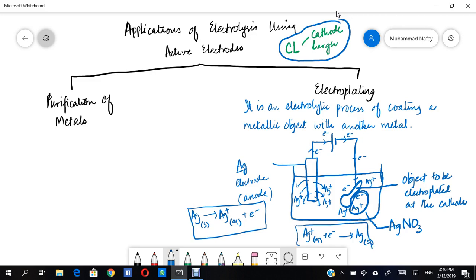Now there's a condition for electroplating. Since we want an even coat and we want the coating to adhere to the surface of the object, obviously we don't want it to flake off. Therefore, we have to provide a very carefully controlled voltage and current.